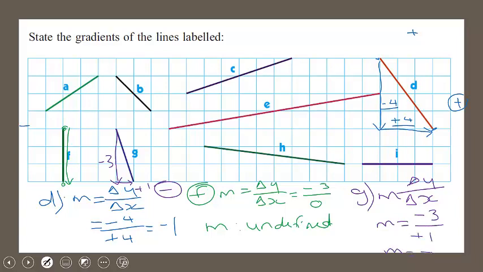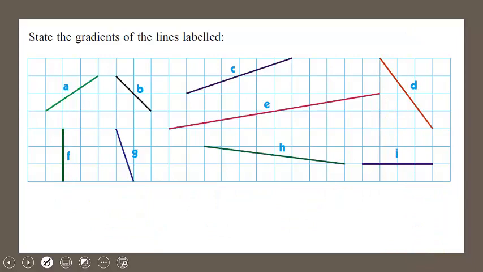m equals minus 3. I believe I skipped E, so let's do plus on the top, plus on the right, minus at the bottom, minus on the left. Let's do E. To go from here to here on E, I go 2 up, which means it's plus 2.